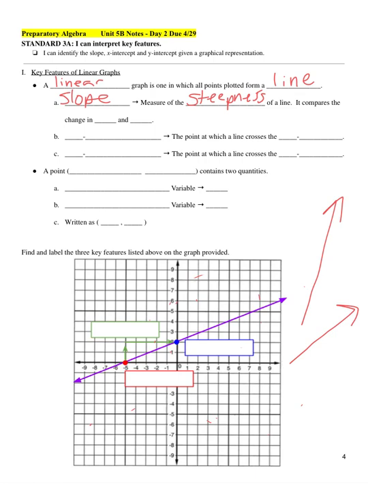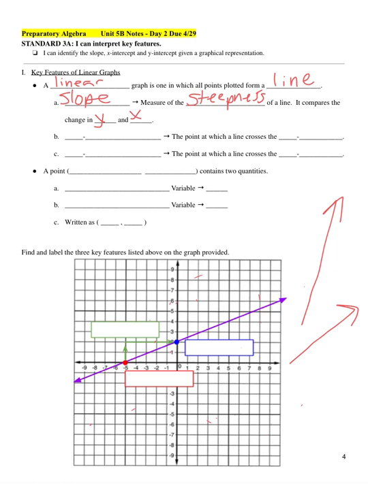So the slope measures how steep the line is. Okay, and you can just kind of relate that to a hill. You know, a hill that was an increase like that would be steeper than a hill that had an increase like that. Okay, and then the slope is the measure of the steepness, and it compares the change in y and change in x, which is a review. Slope is the change in y over the change in x.